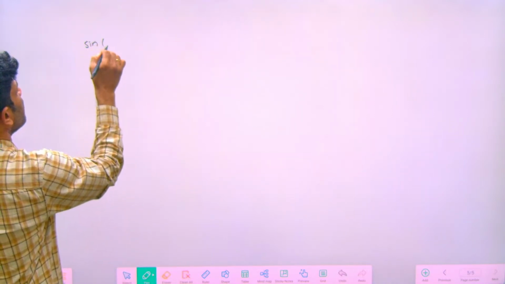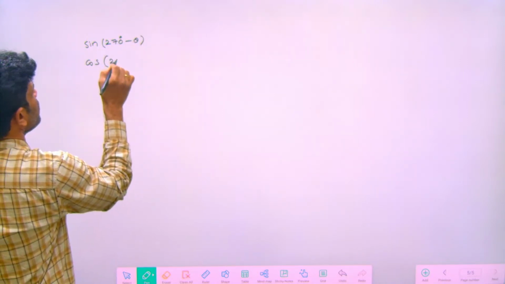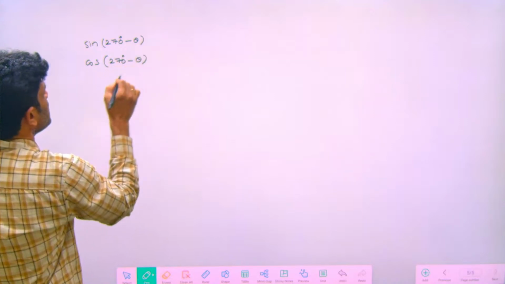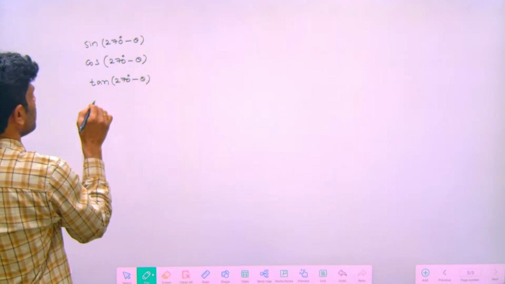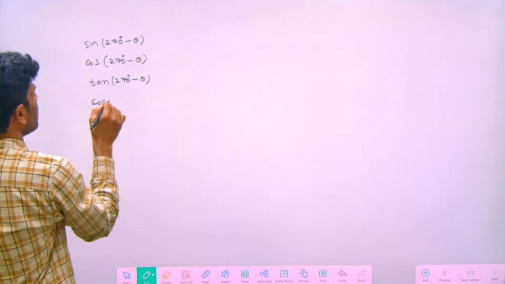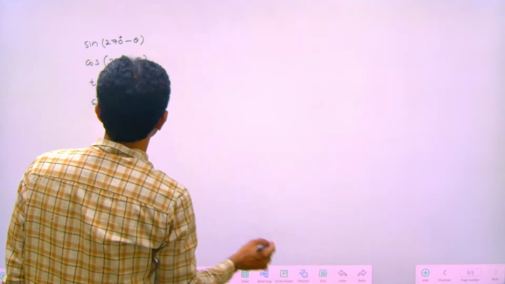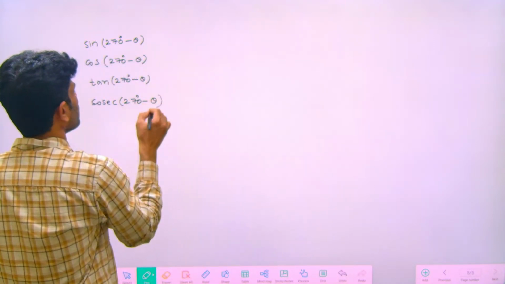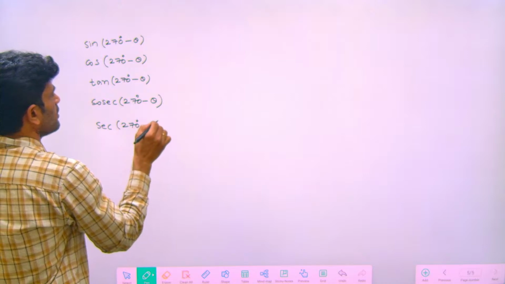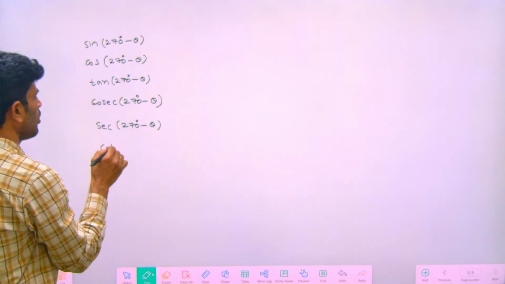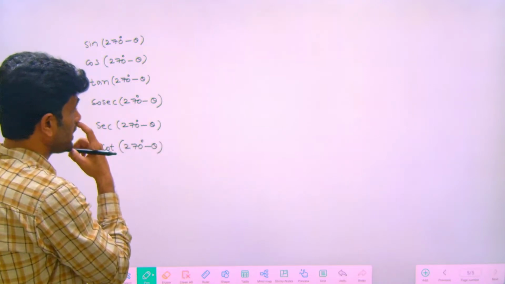Sine of 270 degrees minus theta, cos of 270 degrees minus theta, tan of 270 degrees minus theta, cosecant of 270 degrees minus theta, secant of 270 degrees minus theta, then cot of 270 degrees minus theta.